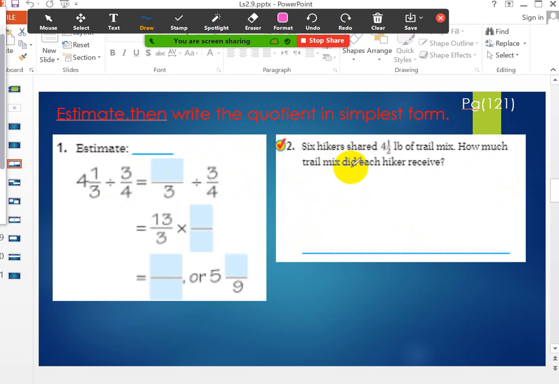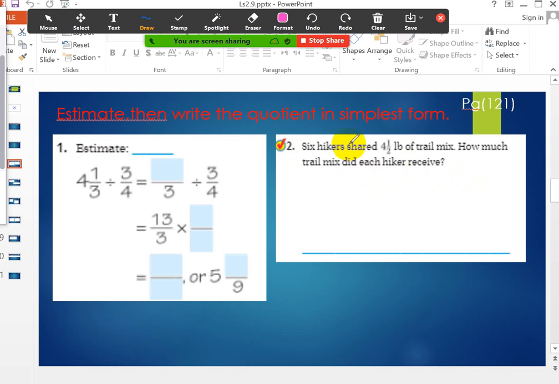6 hikers shared 4 and 1 over 2. You know that lb, this is a unit in science. I think you took it in science. So, of a trail mix, how much trail mix did each hiker receive?